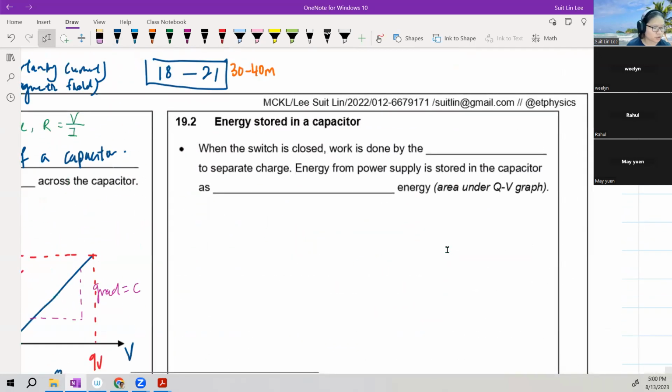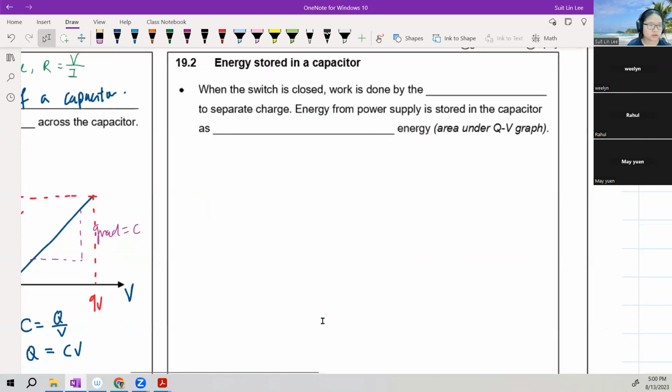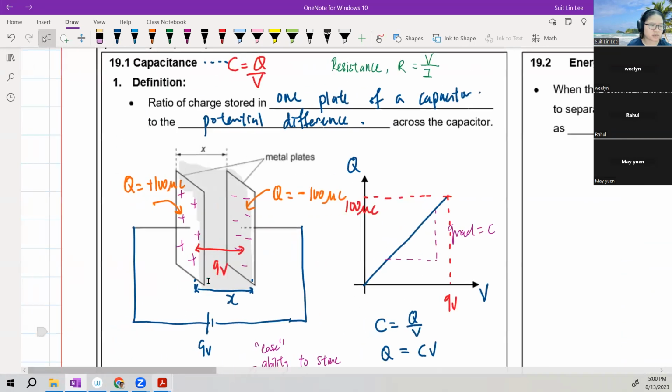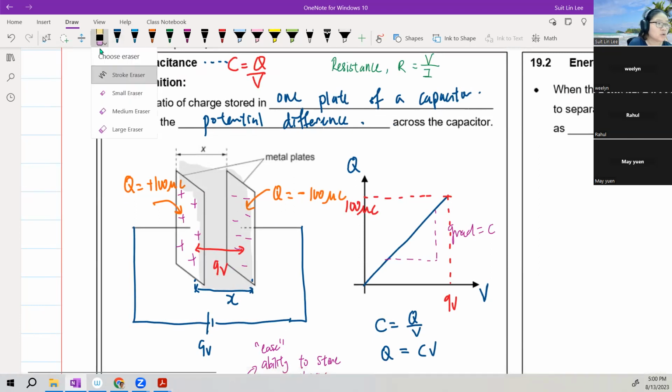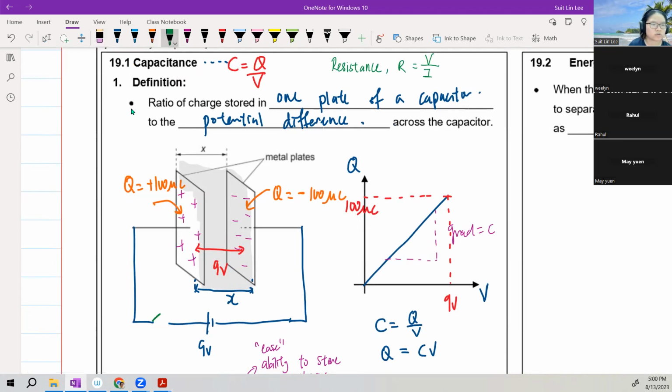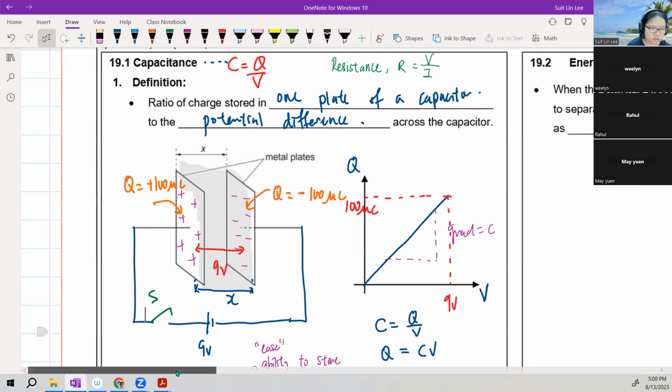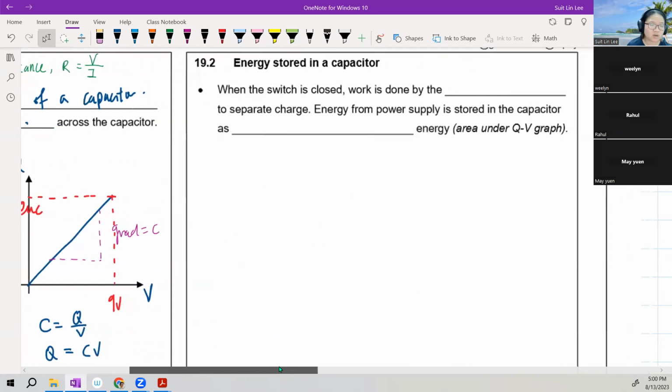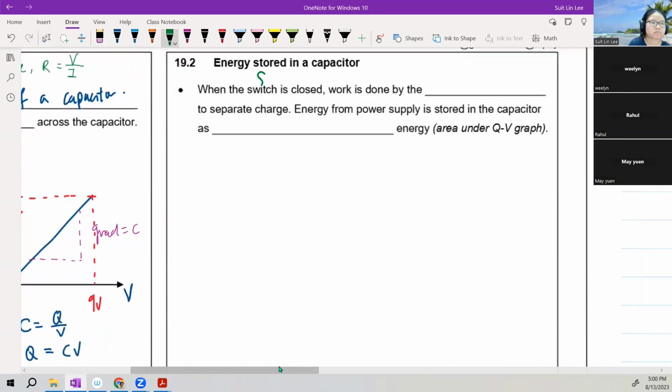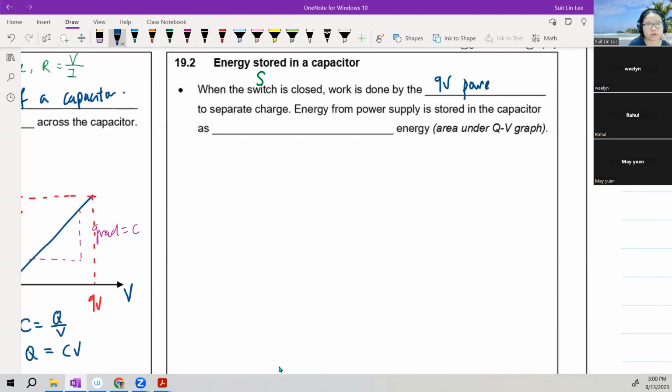So energy is stored in the capacitor because when you think about this circuit, I'll put a switch here, call this switch S. When the switch S is closed, work is done by the 9-volt power supply to separate the charges.